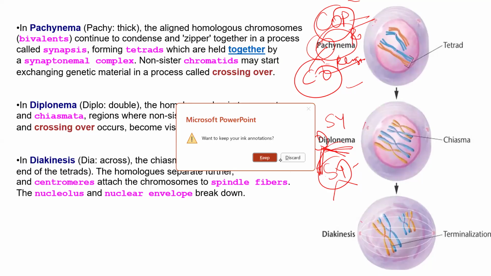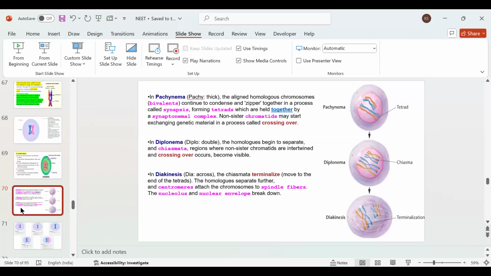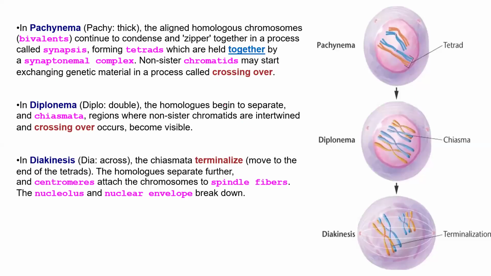In diakinesis, terminalization of chiasmata takes place, moving to the end of the tetrads. The homologous chromosomes separate further, and centromeres attach the chromosomes to spindle fibers.